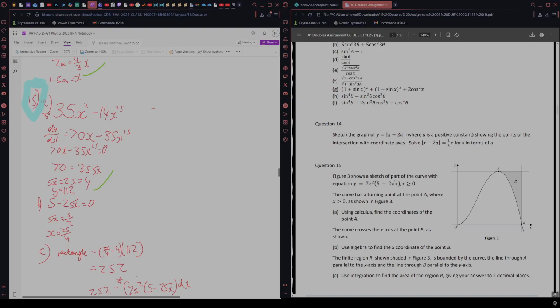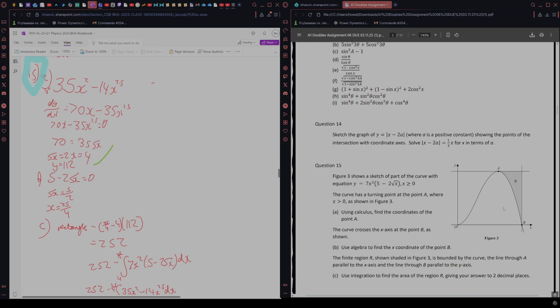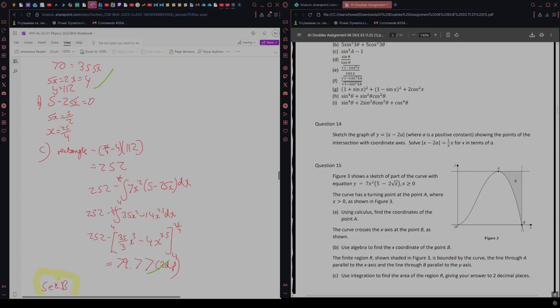So we know the area of the rectangle is 252 by multiplying them, and then we take away the area under the curve to get the area not under the curve. So we just integrate from A to B, get whatever we get, and then you take it away from 252 to get the area that we're looking for.